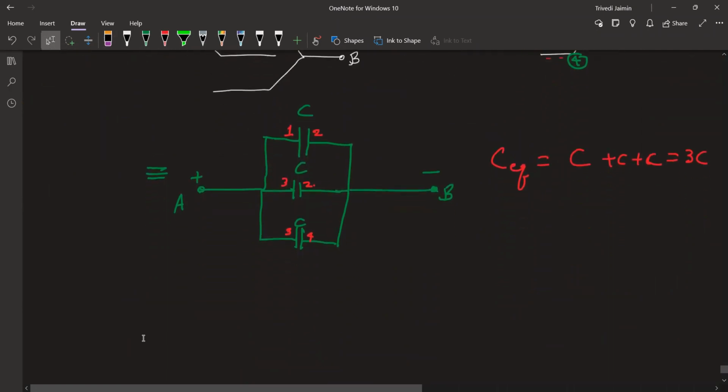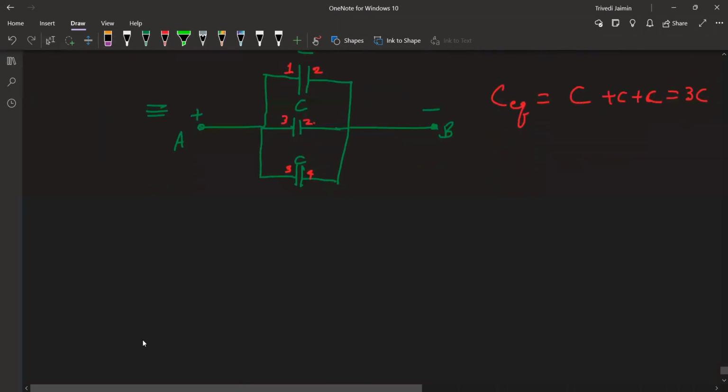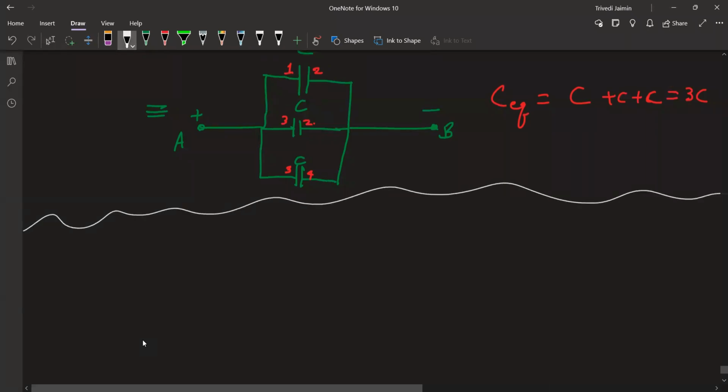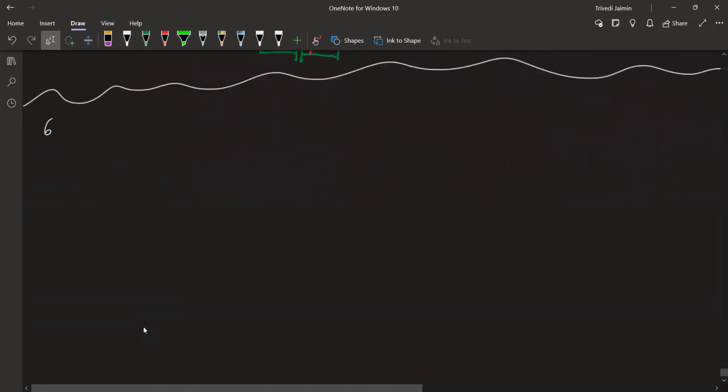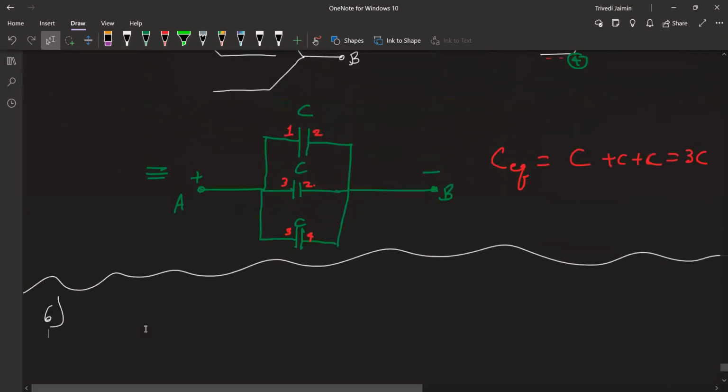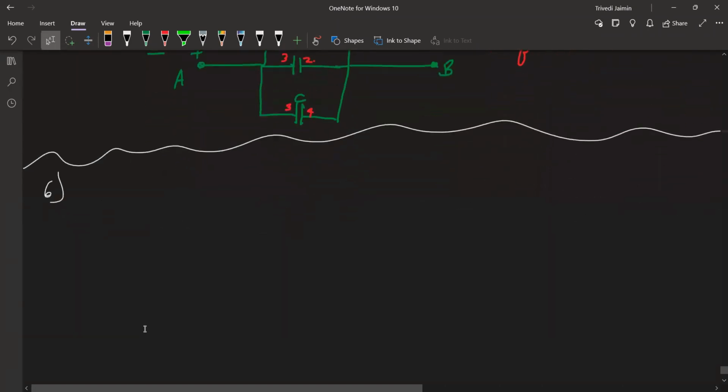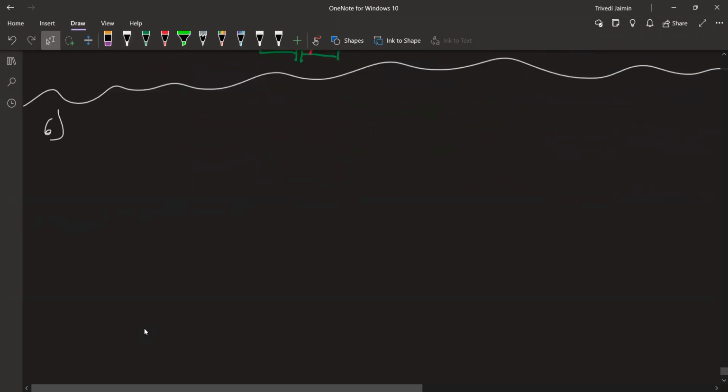Next, go for the second shape. Number 6. Did I miss any number here? A, B, C, D, 1, 2, 3. Okay. Still bigger. Okay, wait.